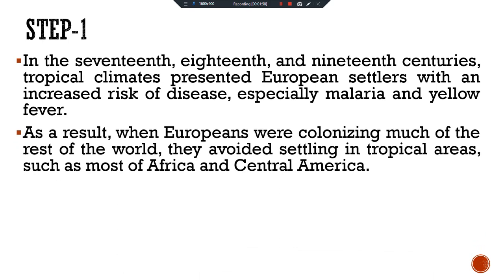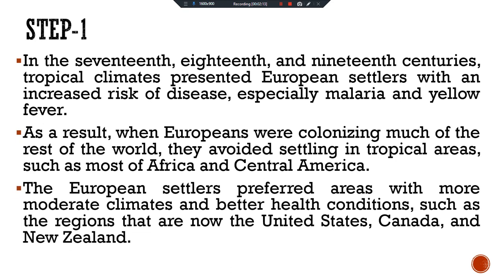As a result, when Europeans were colonizing much of the rest of the world, they avoided settling in tropical areas such as most of Africa and Central America. The European settlers preferred areas with more moderate climates and better health conditions, such as the regions that are now the United States, Canada and New Zealand.